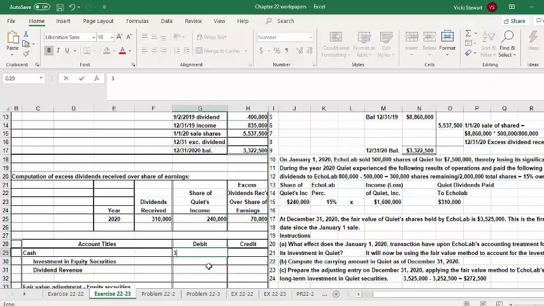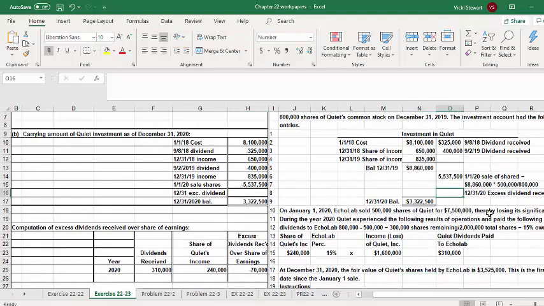So when we receive the dividends, we would credit cash for $310,000. We would credit the investment account or investment in equity securities for the $70,000, and we would credit dividend revenue for the $240,000. So we would need to show that in our T account by crediting the investment account for the $70,000.